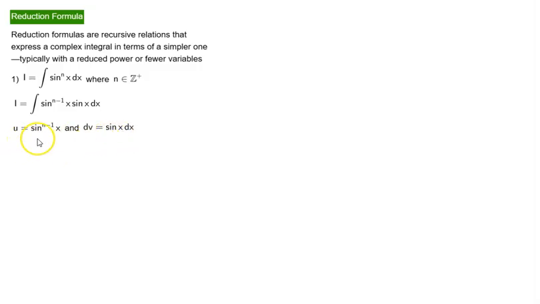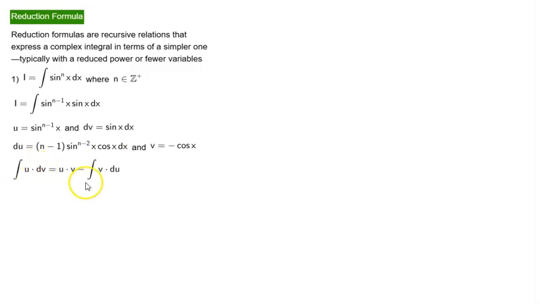So that u becomes sine to the power of n minus 1 of x and dv is equal to sine x dx. Now differentiating u, we get du is equal to n minus 1 times sine to the power of n minus 2 of x cos x dx. And integrating dv, we get v is equal to minus cos x.